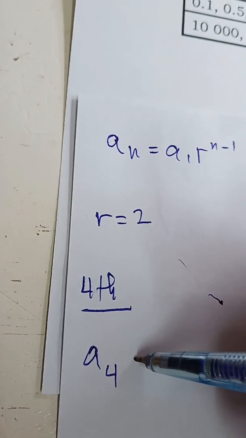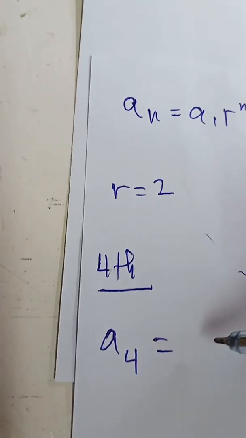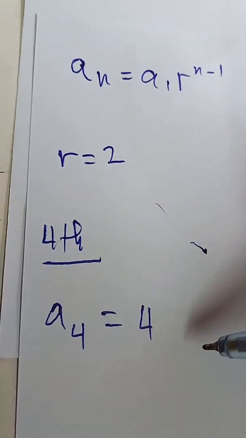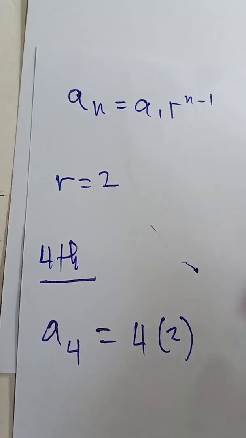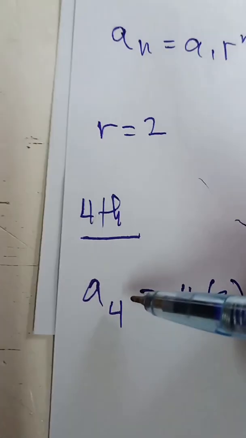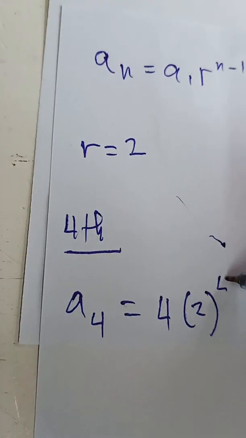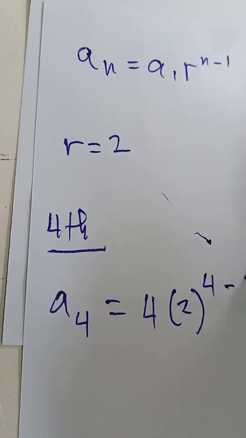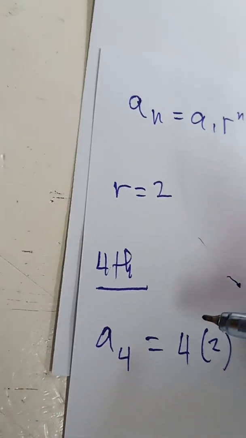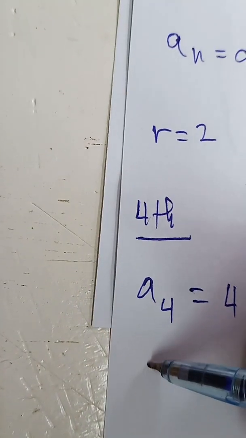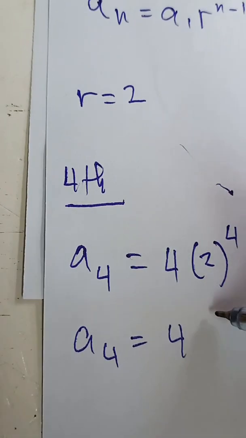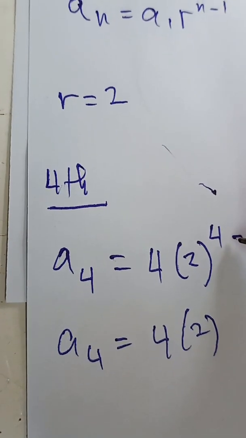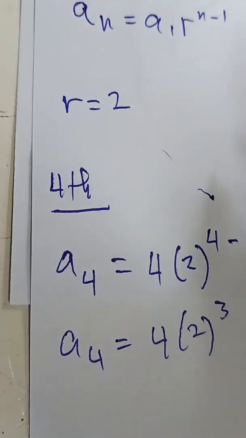Kaya pang fourth term is equal to a sub 1, which is 4, times our r, which is 2, raised to n, which is 4 again, minus 1. Okay, so a sub 4 is equal to 4 times 2 squared, 4 minus 1 is 3.